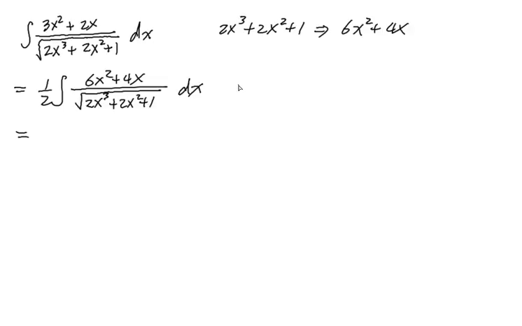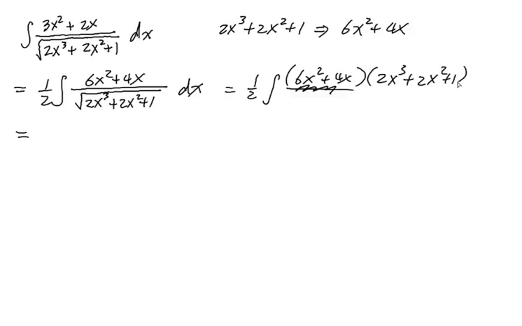I can write it again on the side, but you should really get used to doing this in your mind, so that you just do this kind of in your mind, right? So this is minus 1/2 power.